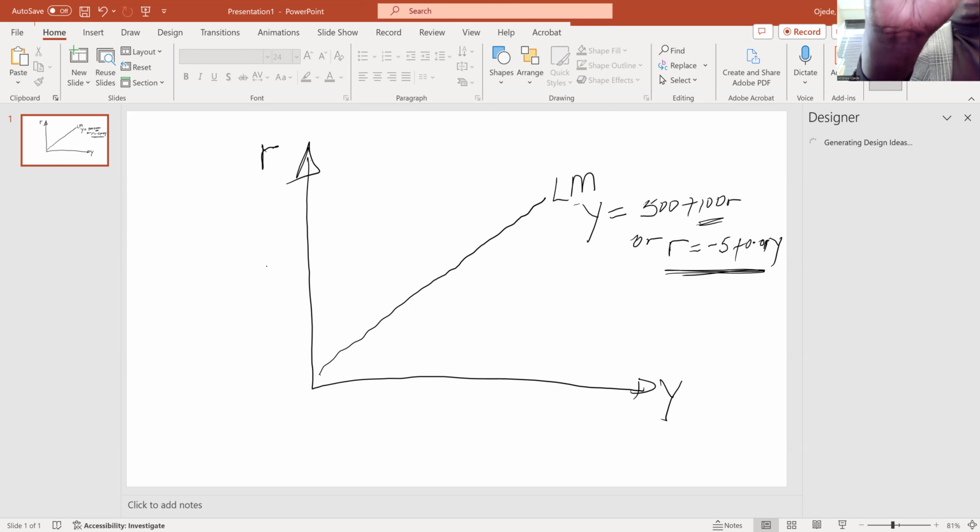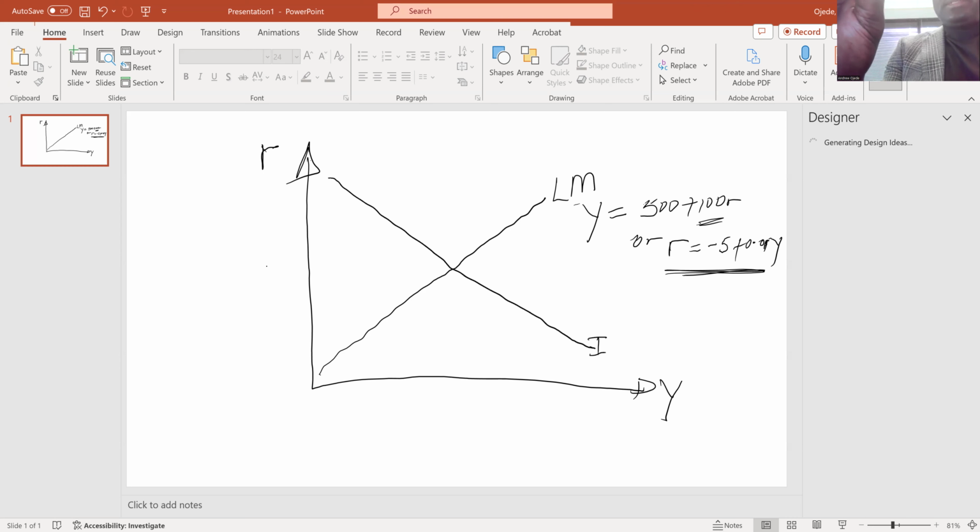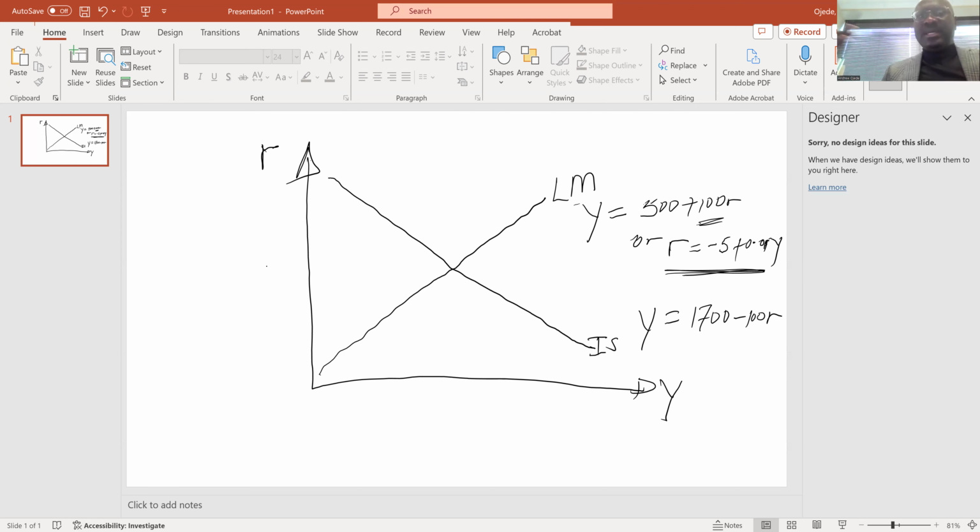And then we also derived the equation that depicts the IS curve. The IS curve slopes downwards, remember? So we can label this IS. Our equation that we derived there was Y equals 1700 minus 100R. See, there's a negative coefficient on R, showing that the IS curve has a negative slope.